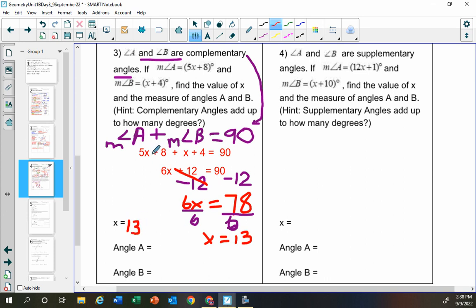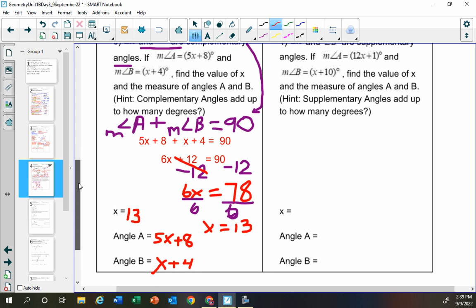Okay, so now angle A was what expression again? 5x plus 8. And then just like before, plug it in. And then similarly, x plus 4. I want you all to try those real quick. Plug it in, see what we get.